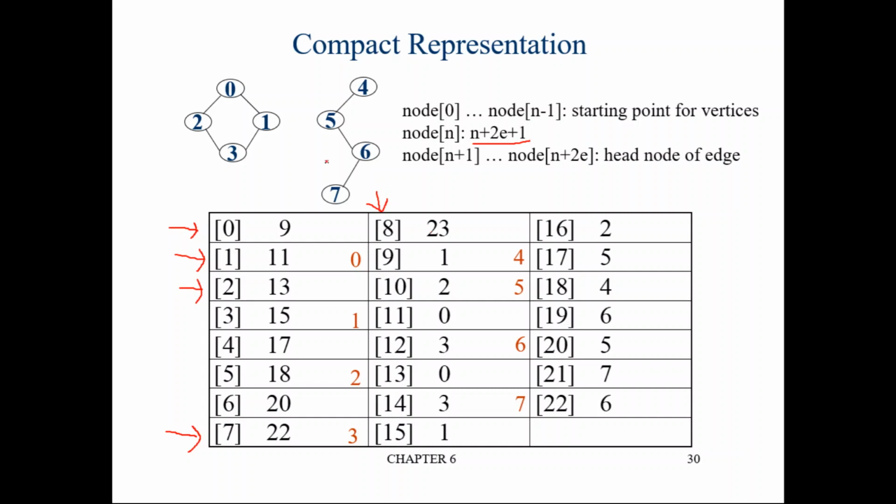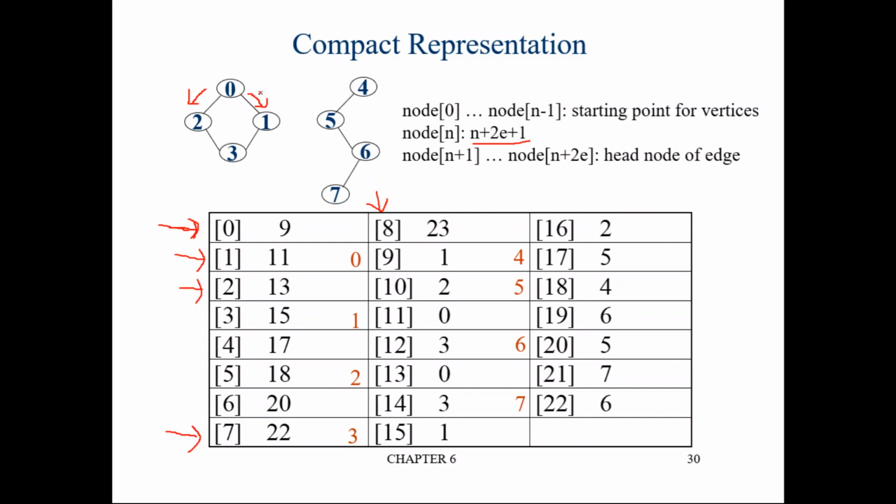Now take vertex 0. Vertex 0 contains how many edges? It contains 2 edges. It contains one edge to 1 and another edge to 2. So now in the 9th location you specify those 2 vertex. It can be in any order.